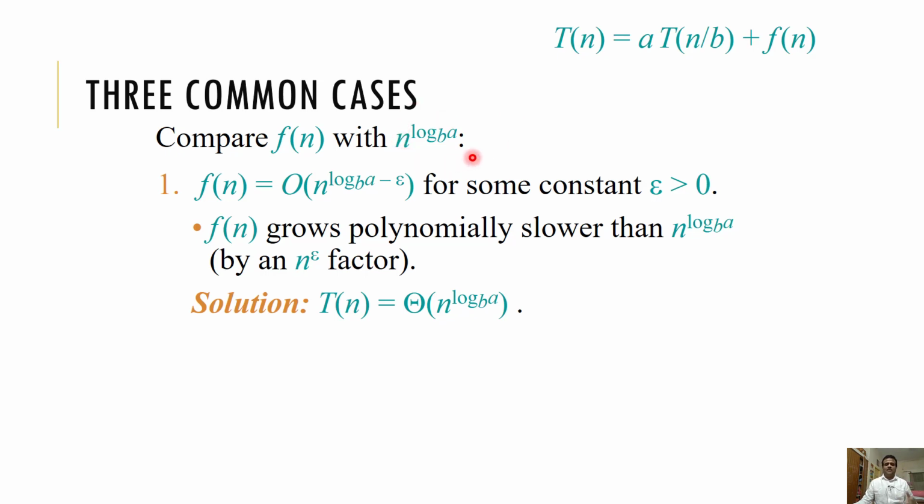We will draw a recursion tree for this recurrence, and then this will be more clear. But intuitively, just think about this term, n to the power log a base b. This term is the time complexity or the run time, how much time we are spending in recursively solving those sub problems.